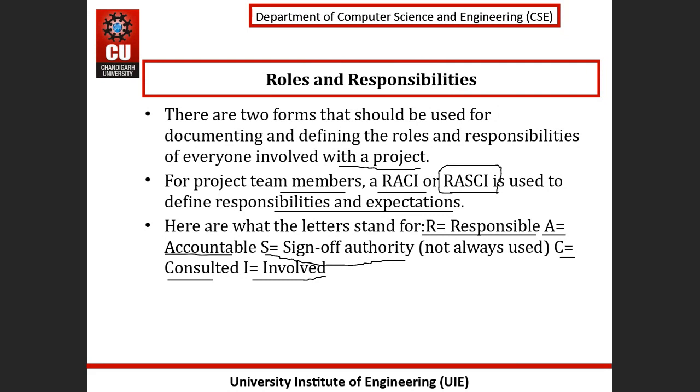First is responsible. In the team, which person is responsible for what kind of work? The work is divided among each and every person in the project team. So responsibilities are divided, and the role of each and every person is decided at the very first stage.